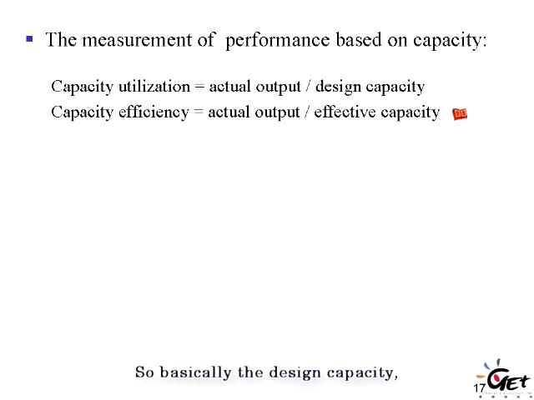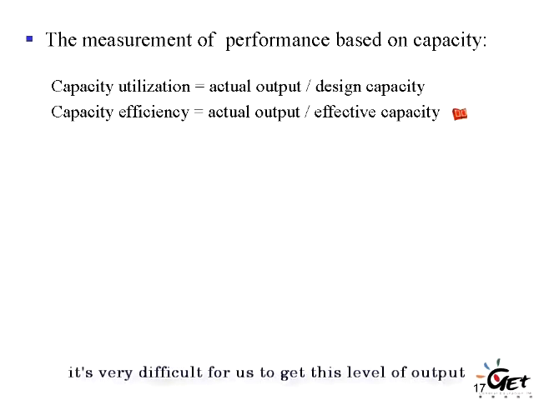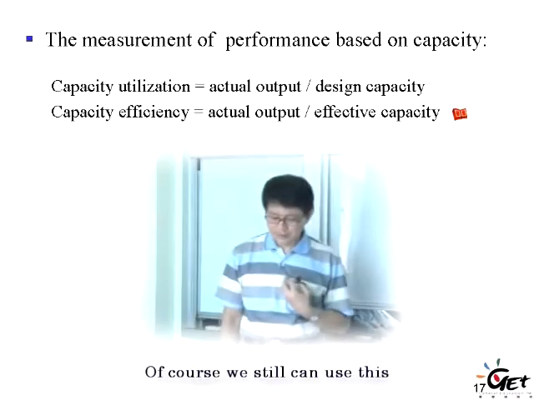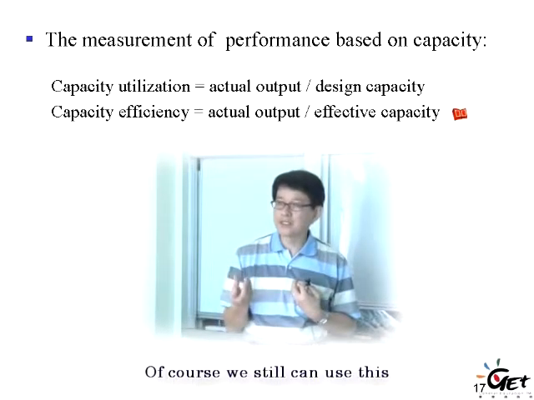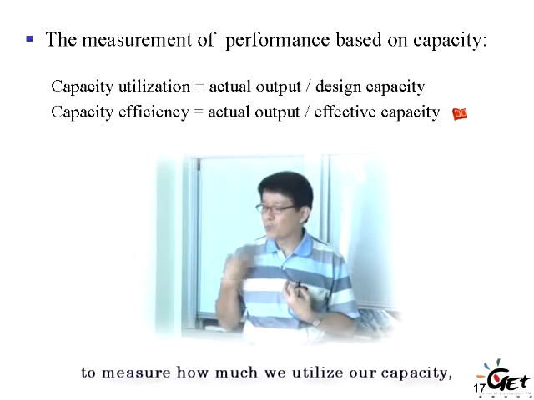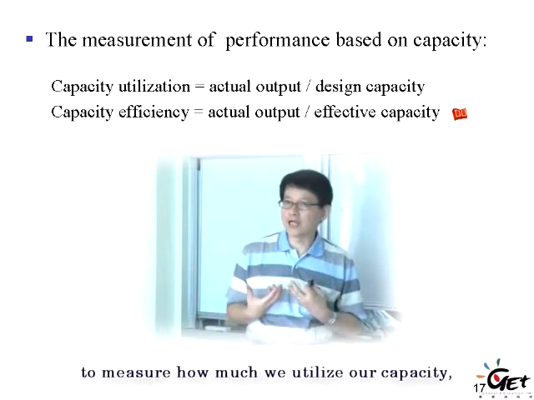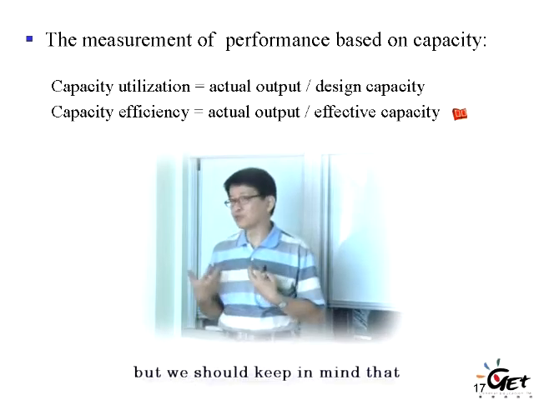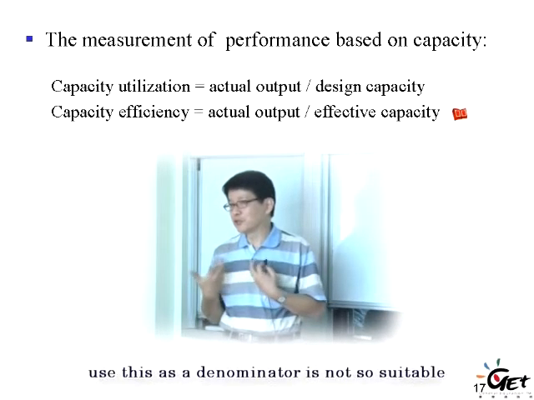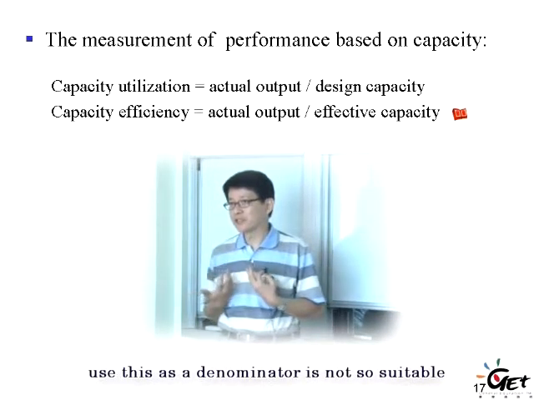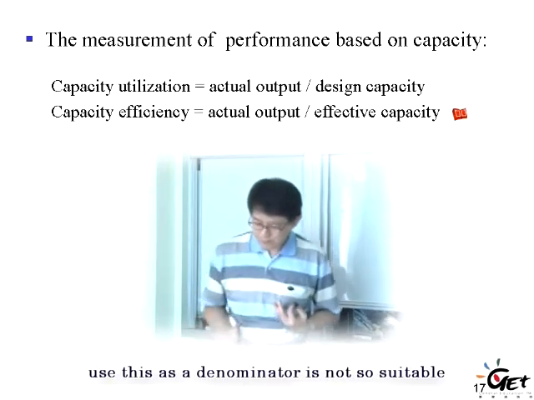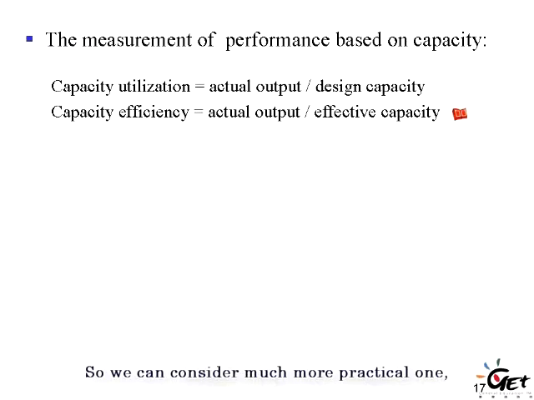So basically the design capacity, it's very difficult for us to get this level of output, right? Of course, we still can use this to measure how much we utilize our capacity, right? But we should keep in mind that using this as a denominator is not so suitable. So we can consider a much more practical one.